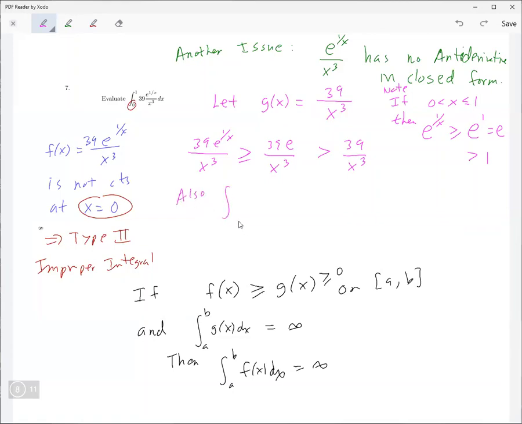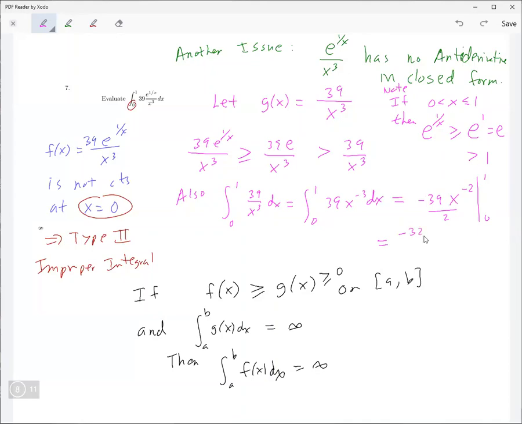Also, if you take the integral from 0 to 1 of 39 over x cubed, that's the integral from 0 to 1 of 39x to the minus 3. And you integrate this, you raise the power by 1, so the minus 2, and then adjust the constants. So when I take the derivative here, I get a negative 2 coming down, which knocks those out, and this reduces by 1, negative 2 minus 1 is negative 3.